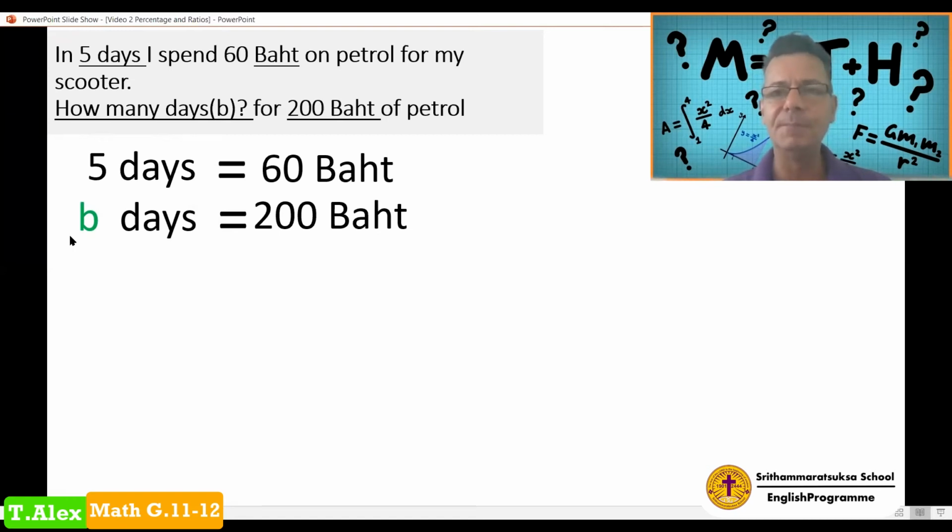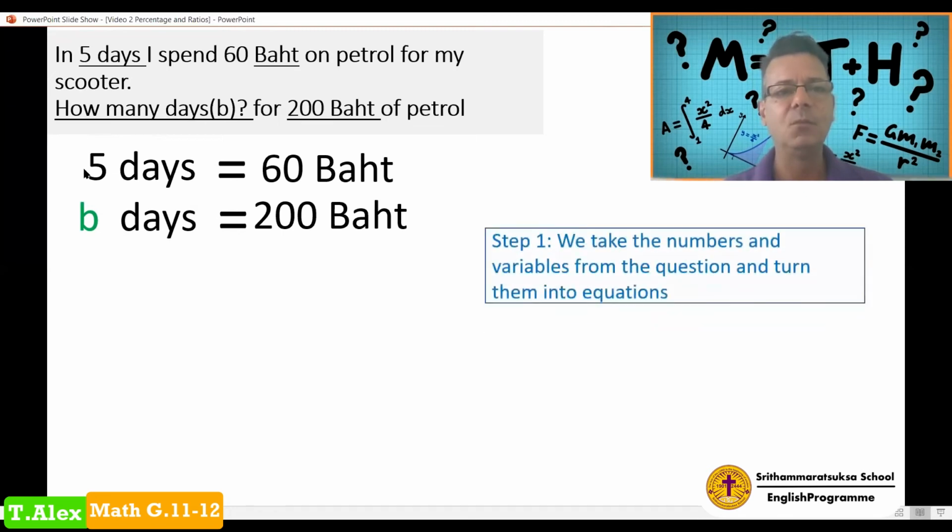Well, because this is maths, we will use the same method. First, what do we know? We know 5 days is 60, and then we write another line for what we do not know. The number of days equals 200 baht. Again, remember, keep your variables that are the same on the same side. Days here and baht here.